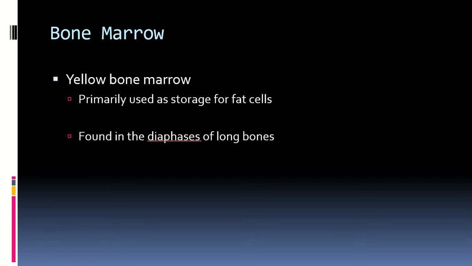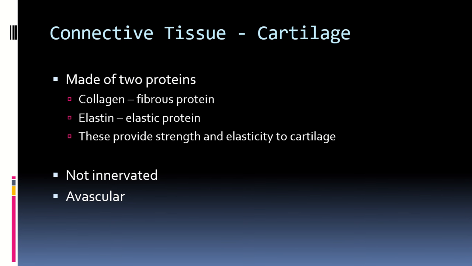And you will primarily find yellow bone marrow, or fat cell containing bone marrow, in the diaphyses of long bones. So in the long central portion of those bones, of the long bones.